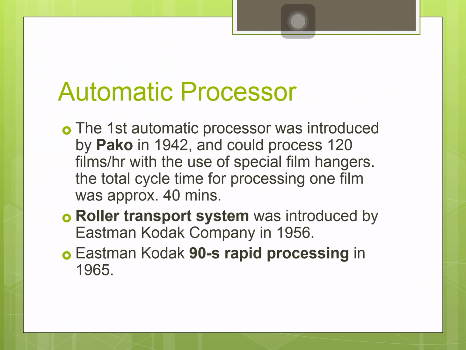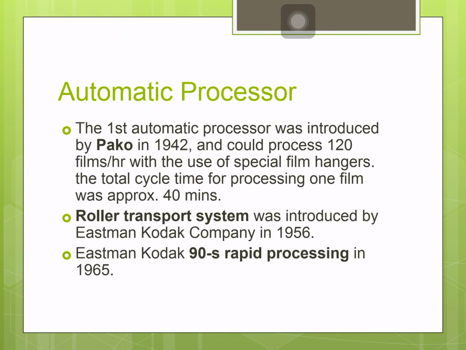So just a brief history of an automatic processor. The first automatic processor was introduced by Pako in 1942. So it could process 120 films per hour with the use of special film hangers. So yung kauna-unahang automatic processor ay wala pang rollers. They use a special film hangers.